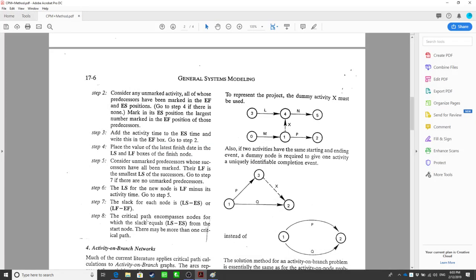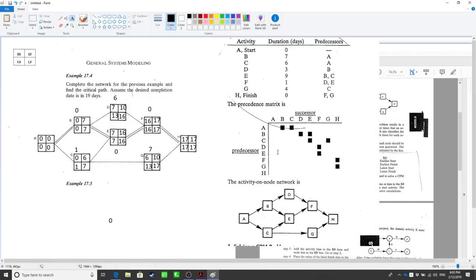And the critical path includes all the nodes for which the slack time equals LS minus ES, so the slack time equals 0. Those nodes whose slack time equals 0 are included in the critical path of this project.